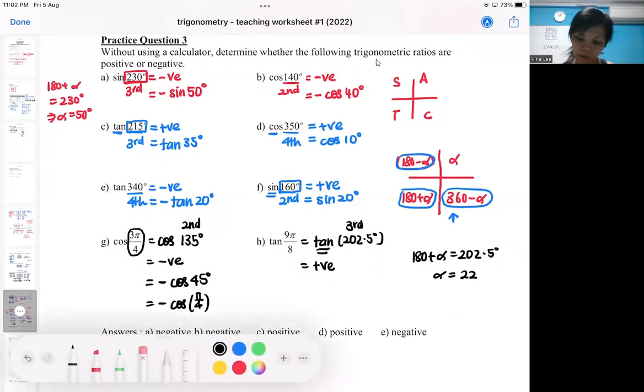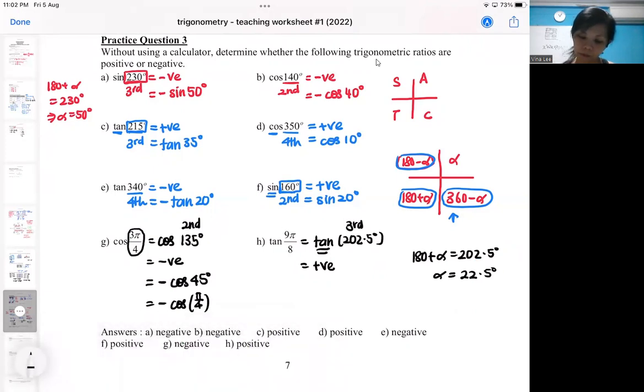So the basic angle is 22.5. So you will get tangent 22.5, and 22.5 is actually pi over 8. How do I know it's pi over 8? Do your conversion. Refer to the first page and do the conversion.